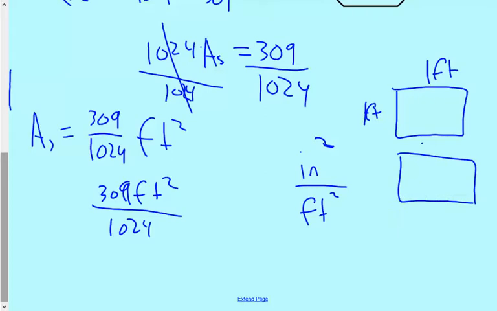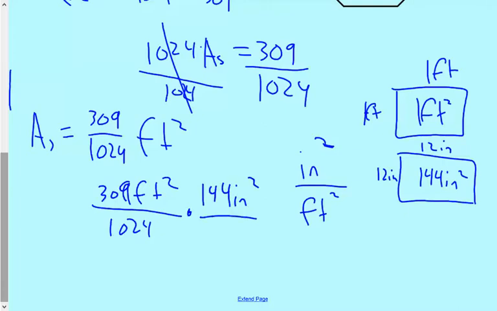If I change that to inches, 12 inches is 1 foot, so that's 144 square inches, the equivalent of 1 square foot. So my conversion is 144 square inches to 1 square foot. And what we can do is multiply 309, so the feet squared cancel up there.